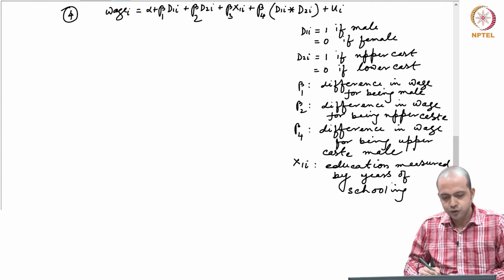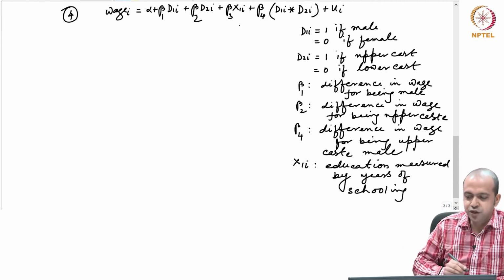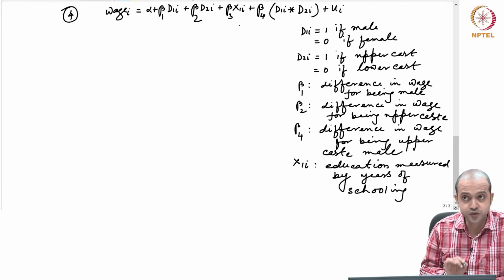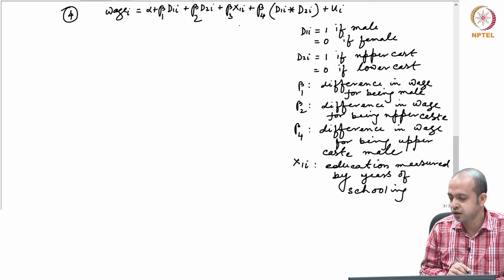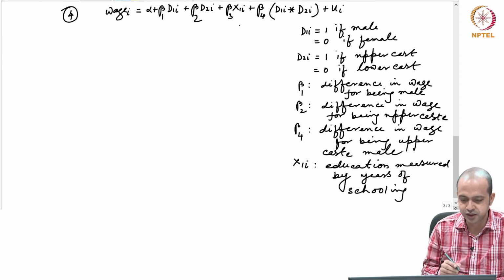Now what will we do? We will derive the interpretation of beta 4, and this is a very, very important case. So please concentrate and think about this case carefully.